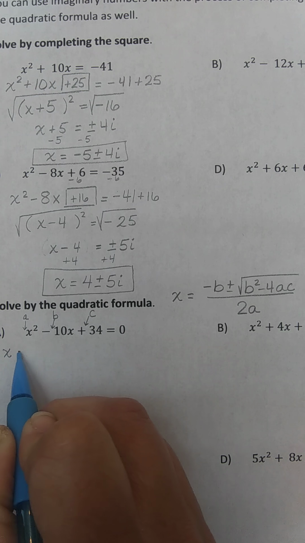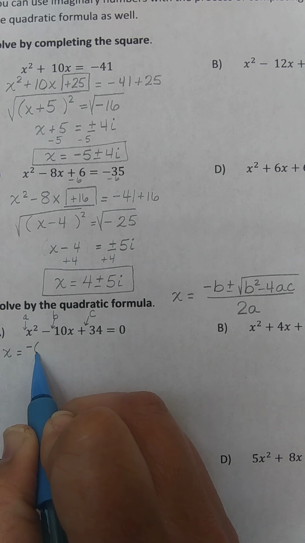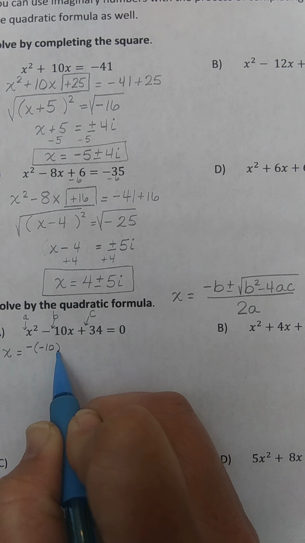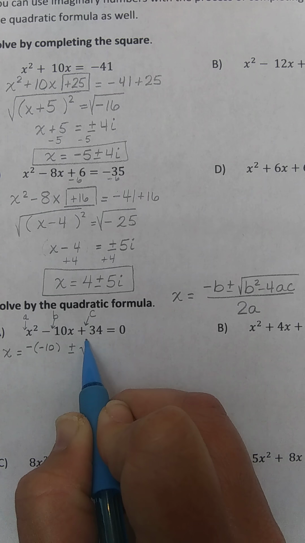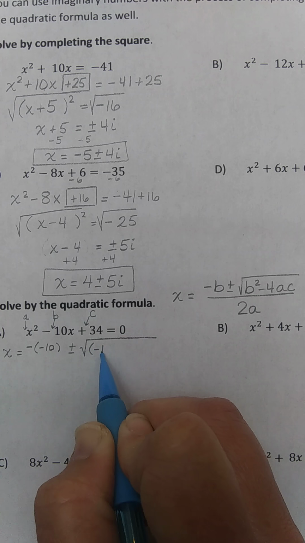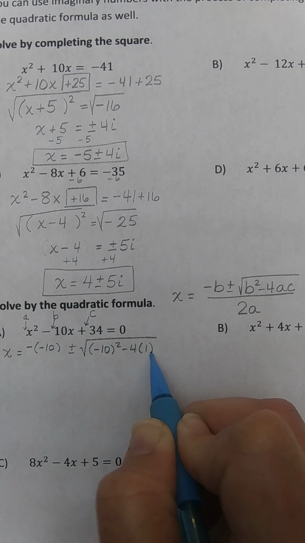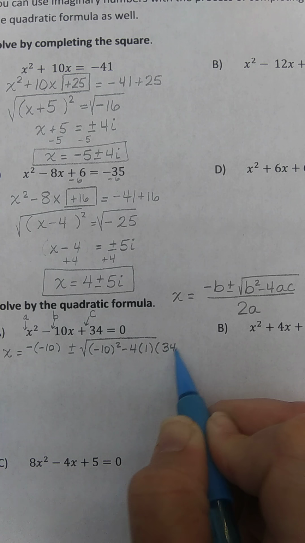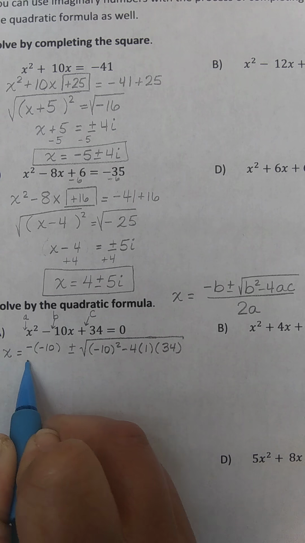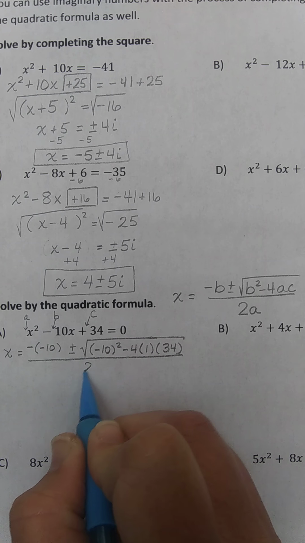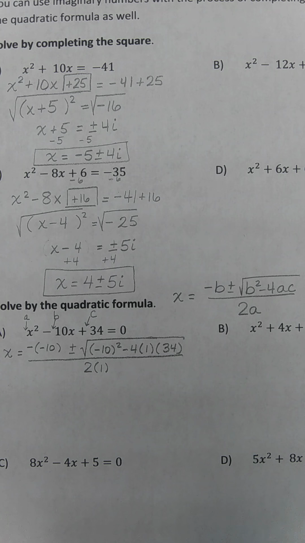So our formula will become x equals negative, and then a b of negative 10, plus or minus the square root of b squared minus 4 times a times c, and all of that is going to be over 2 times a.